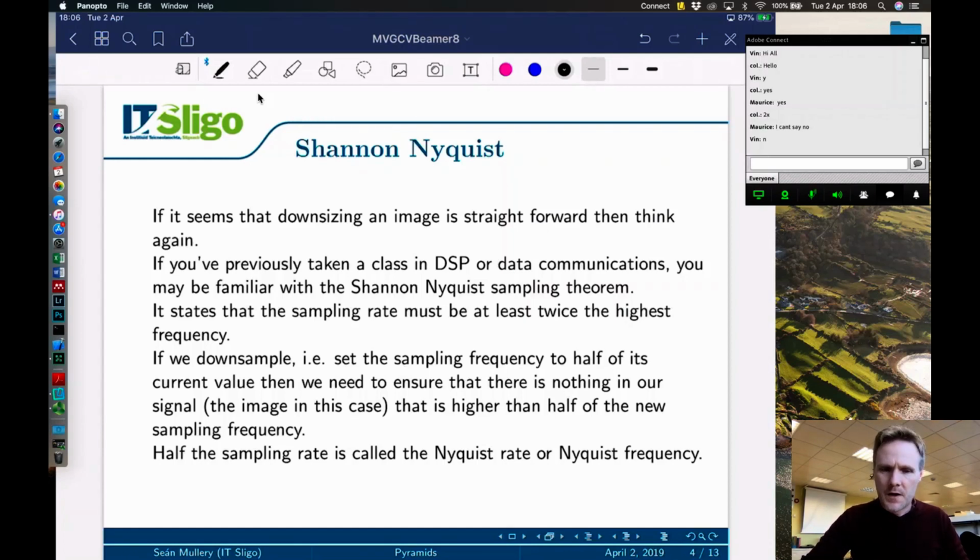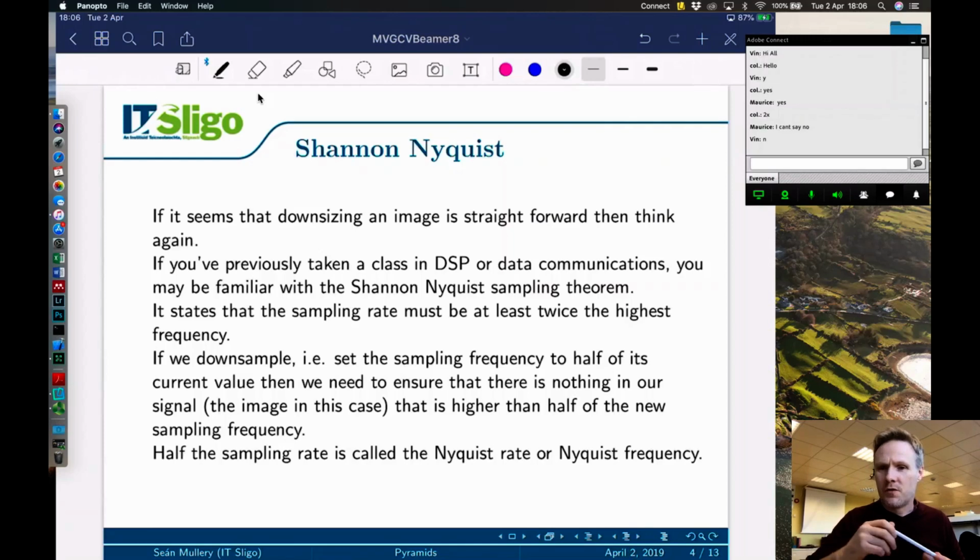So if we downsample, i.e. set the sampling frequency half its current value, then we need to ensure that there is nothing in our signal, which is the image in this case, that is higher than half of the new sampling frequency. Half the sampling rate is called the Nyquist rate, or the Nyquist frequency, obviously after Harry Nyquist.